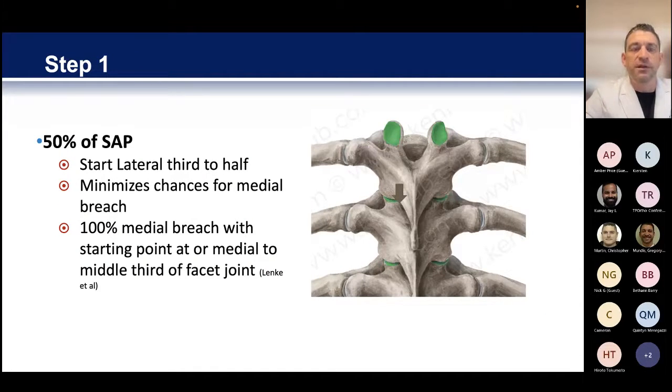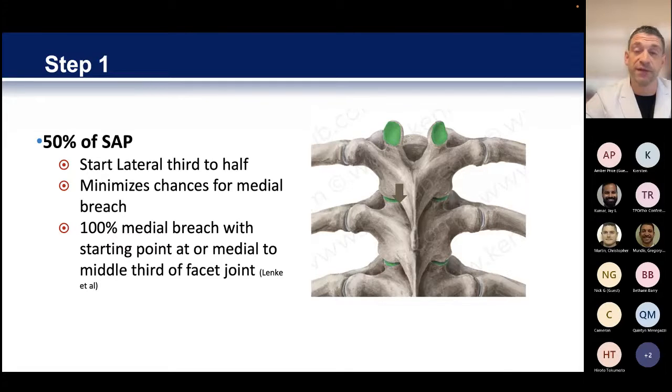So if you think about this, the superior articulating process has a very, very concrete rule associated with it, which is you want to know where the 50-yard line is on the superior articulating process. If your starting point ends up being at the level of that midline of the superior articulating process or medial, you will without a doubt have a medial breach.